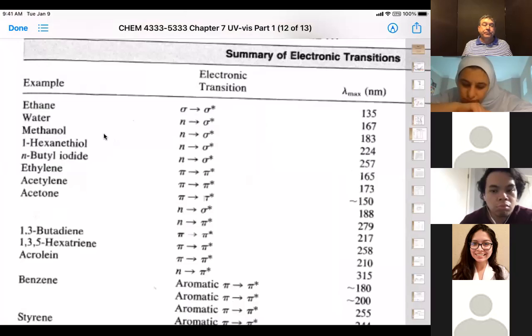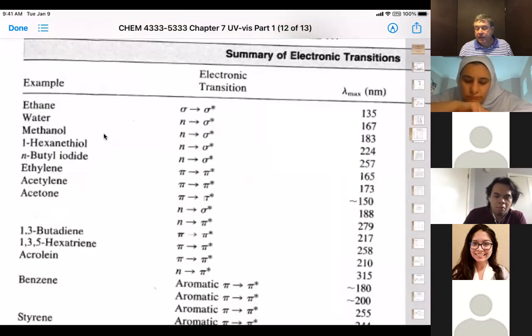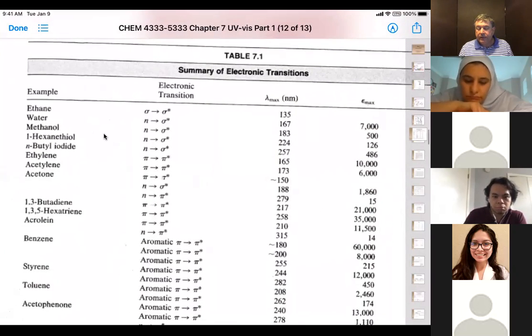Okay, so I'm going to blow this up a little bit. In ethane, we only have sp3 hybridized carbons and hydrogens, and therefore we have no pi cloud and no non-bonding electrons. The only available electronic transition is sigma to sigma star. We see that that's a very small wavelength, which is very high in energy.